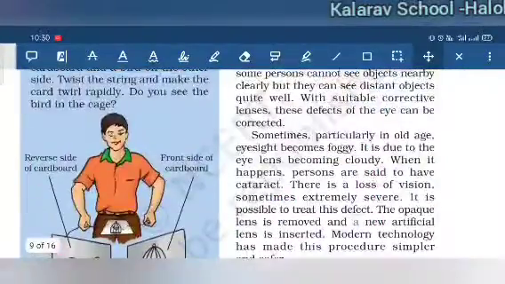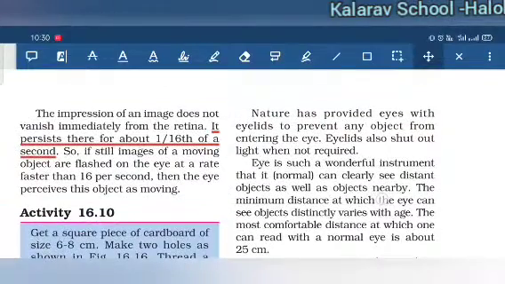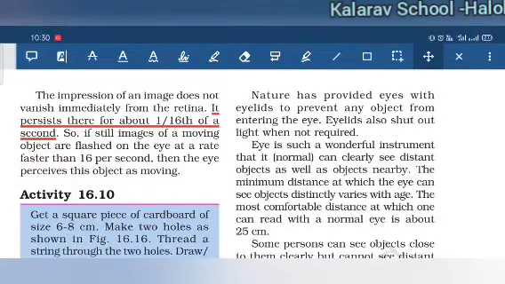Here is one more point, about the normal distance of vision provided by nature. Nature has provided eyes with the eyelid so that it can prevent any object from entering the eye. The eyelid always shuts out light when not required. It is a wonderful instrument.